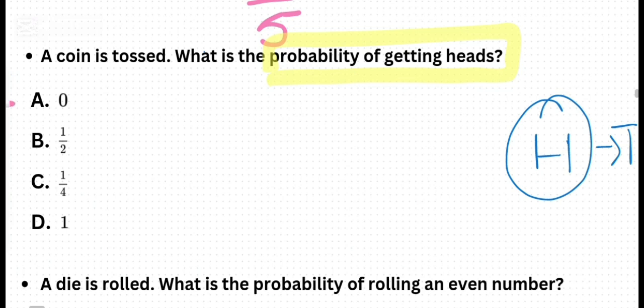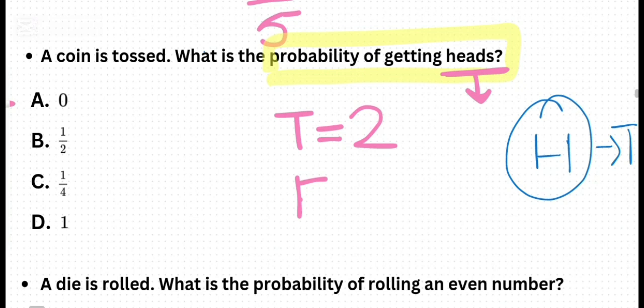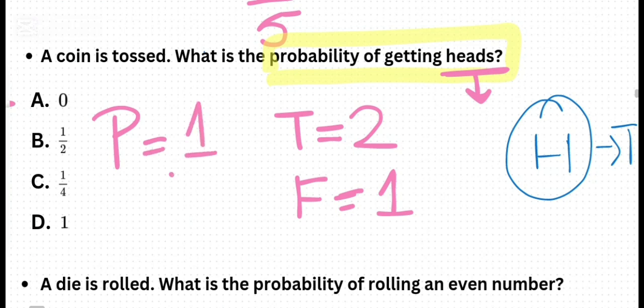P is equal to F over T. In total T, there are two sides, so T is 2. And we have to find the head. Head has just one side, so F is equal to 1, right? If you put it in the formula, it becomes 1 over 2. So the correct answer is B, right?